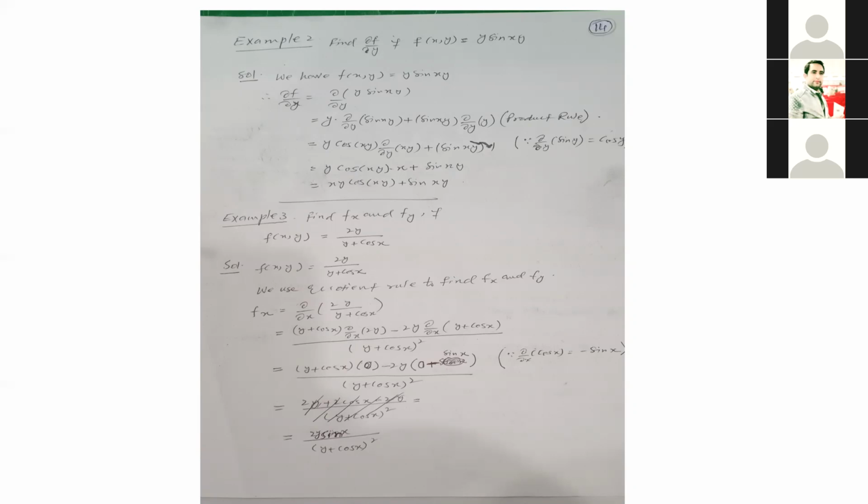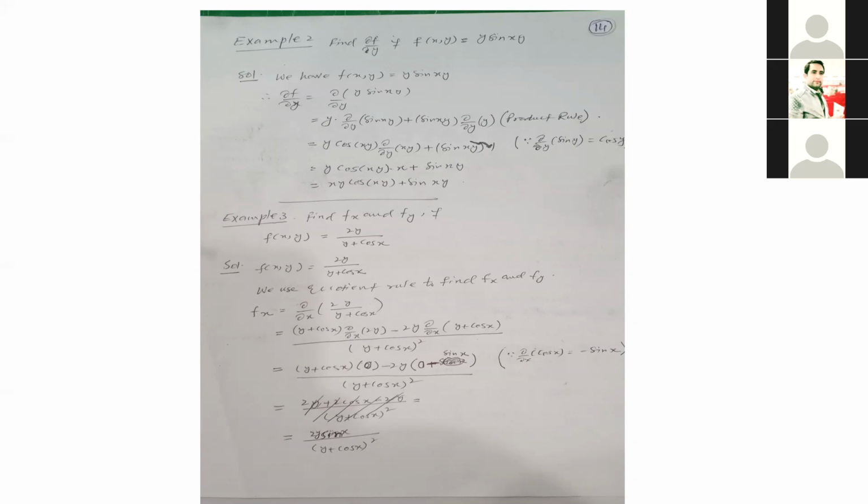And this gives you y times derivative of sine, which is cos xy, and then derivative of the term inside the bracket, that is xy, plus sine xy derivative of y with respect to y is equal to 1.